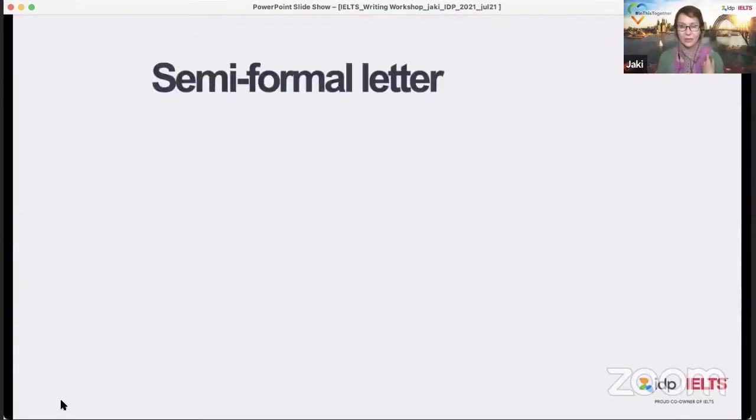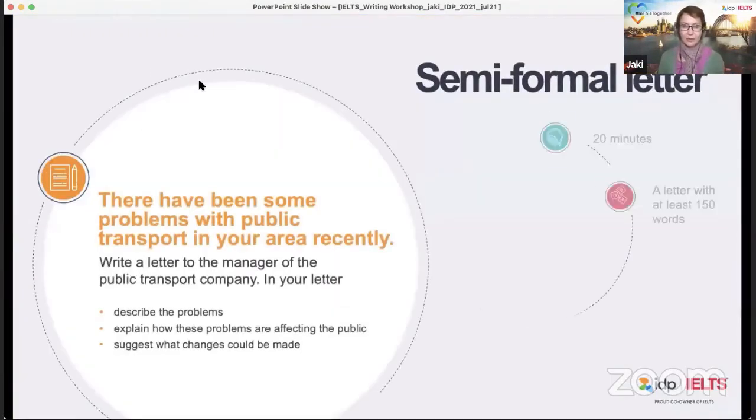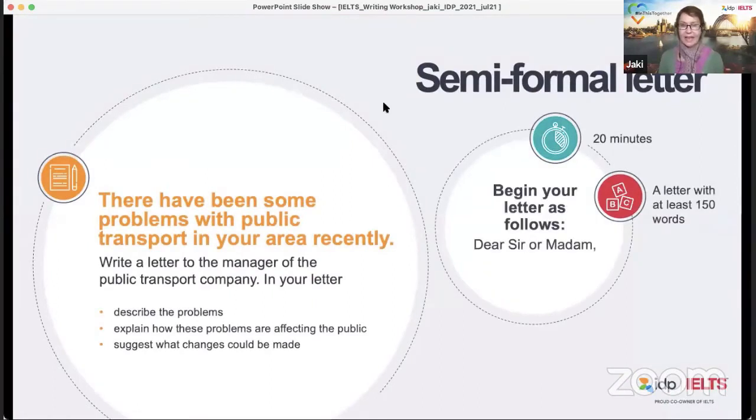So this is what your letter looks like when you get it. And you always have 3 jobs. So I want you to keep thinking about these 3 jobs. Yeah, so it's always 20 minutes. You should remember task 1 is not worth as much as task 2. So we really want to try to do it within 20 minutes. And we've got to have at least 150 words.